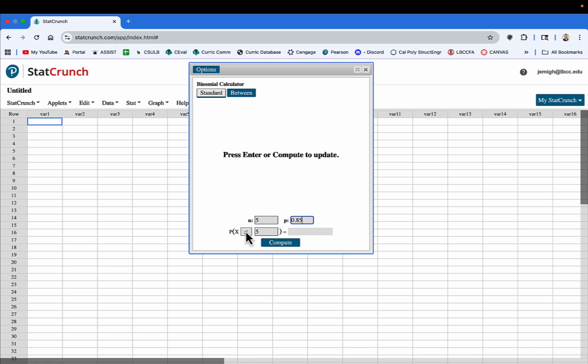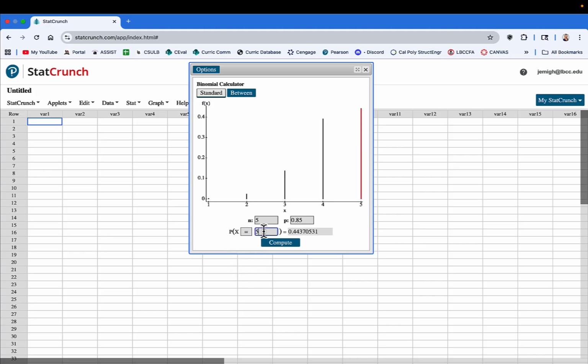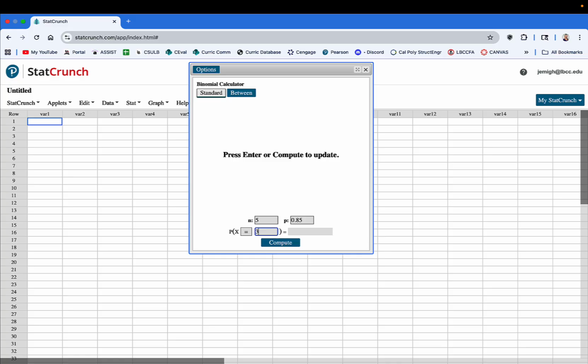And the wording was in the question, what is the probability of selecting 5 random adults and exactly 3 of them knowing of Twitter? So exactly means we change this to an equal sign and here a 3. Okay, so we've entered n, p, our symbol, and x.